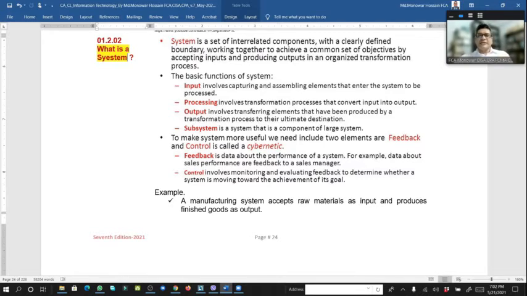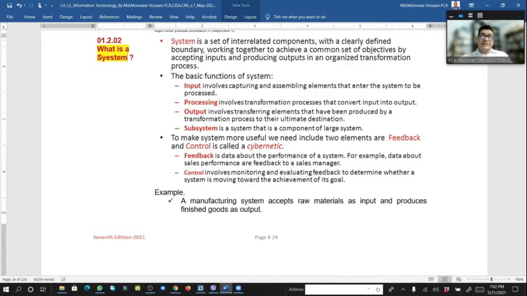Feedback is data about the performance of a system. For example, data about sales performance are feedback to a sales manager. And control involves monitoring and evaluating feedback to determine whether a system is moving towards the achievement of its goal. So within the system, feedback and control are also required.